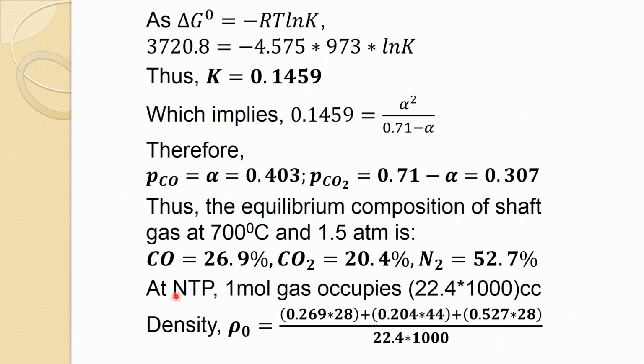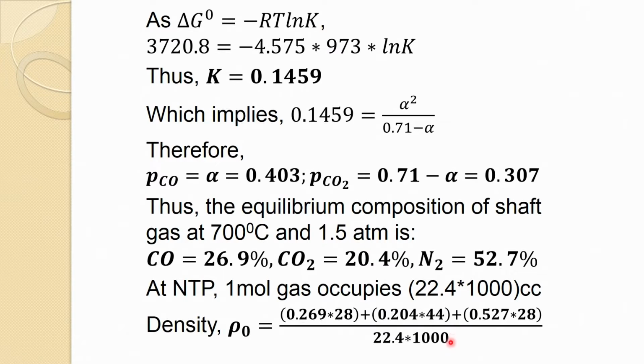We know at NTP, normal temperature and pressure, 1 mole of gas occupies about 22.4 liters, which is 22.4 into 1000 cc. So, the density would be 0.269 into 28, that is the CO molecular weight, then 0.204 multiplied with the molecular weight of CO2, 44, then 0.527 multiplied with the molecular weight of nitrogen, and divided by 22.4 into 1000.